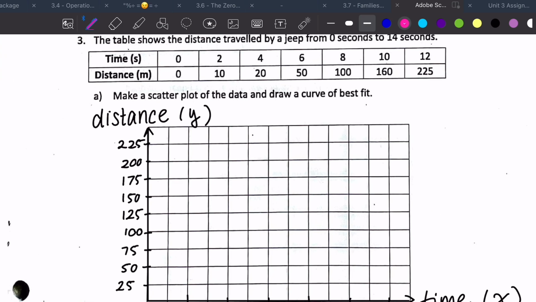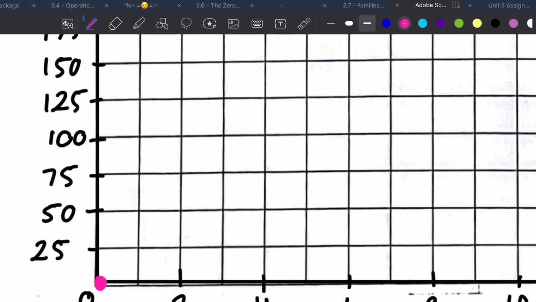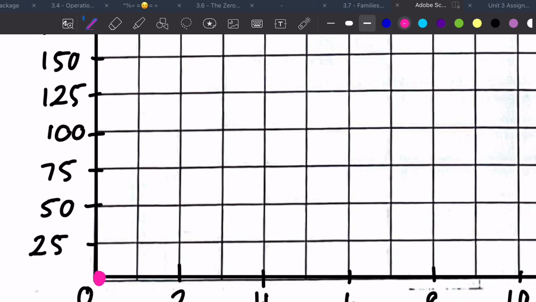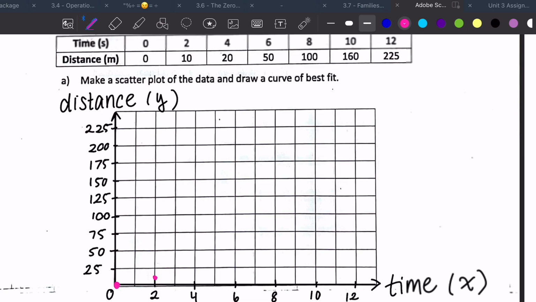Because our scale is so big, let's just try to be as accurate as possible. Starting at 0, 0, that's this little corner here, right? So 0, 0 is there. Then after 2 seconds, I've driven 10 meters. So at 2, I'm going to roughly estimate that 10 is about there. At 4 seconds, I'm at 20.